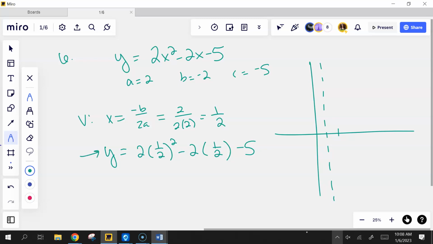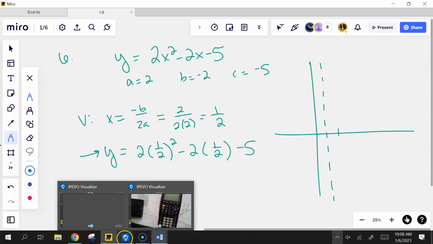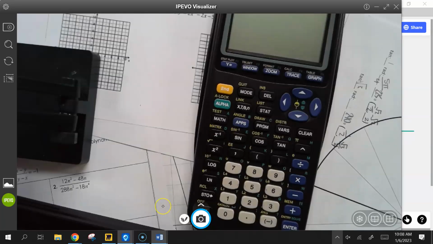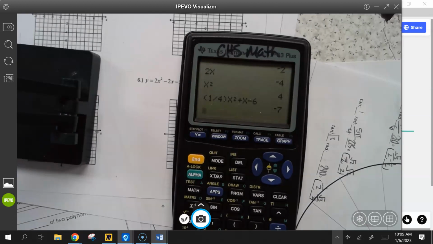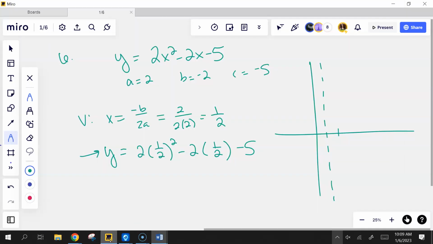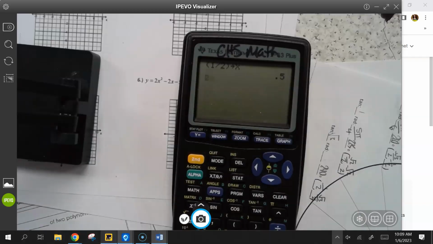For this one, I am going to go back to 1/2, and I'm going to store that as x. And now all I'm going to do is type that initial equation. What was that equation? 2x squared, here's your x squared, minus 2x minus 5, and hit enter.